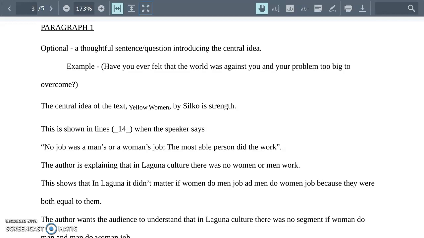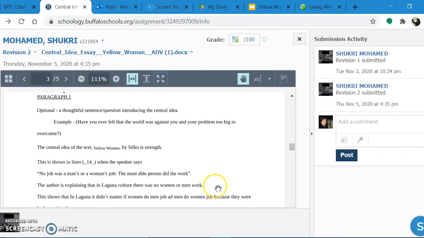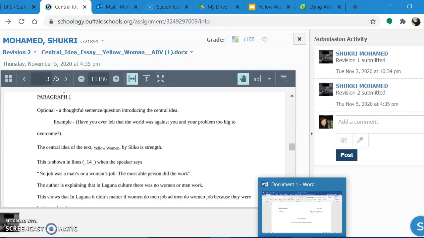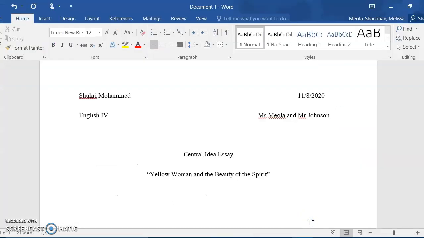So she did not include the thoughtful sentence or question that introduces the central idea. The central idea topic is beauty. So we want to create a sentence that introduces our reader to the idea of beauty. So we might start with a question like, what is beautiful in a person?